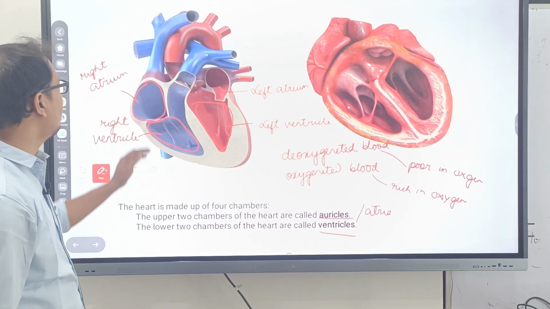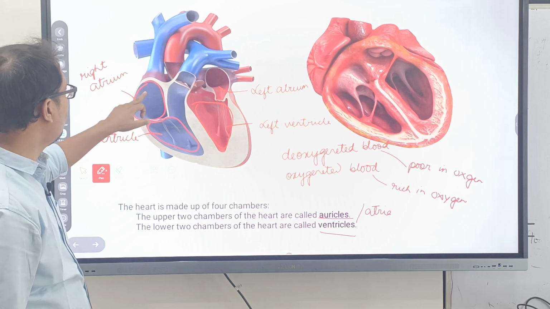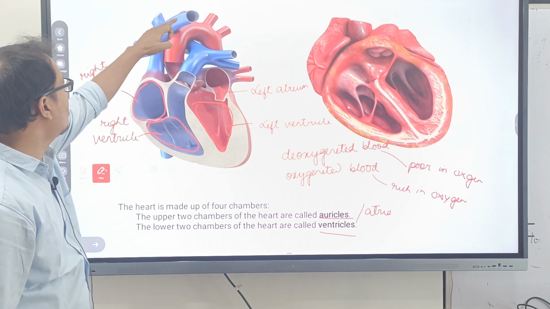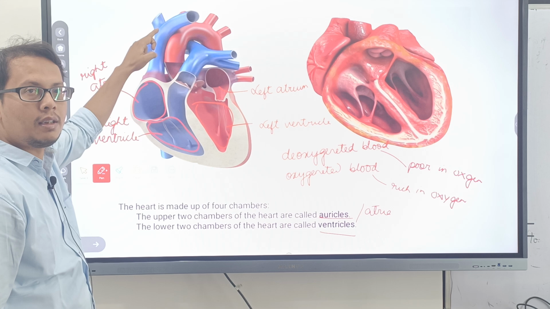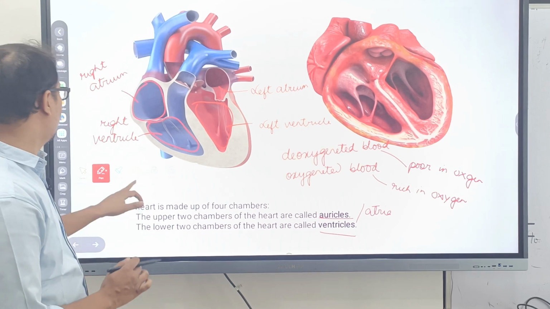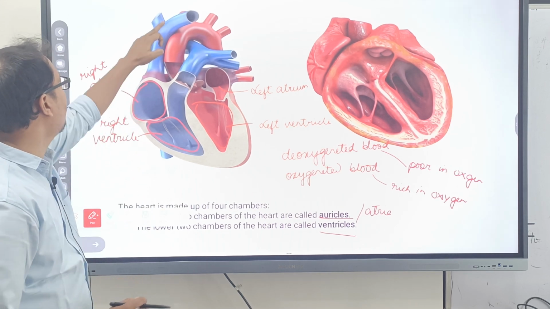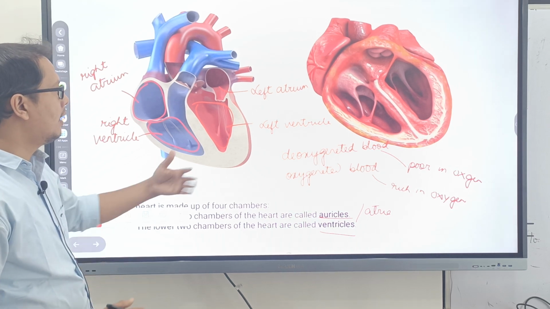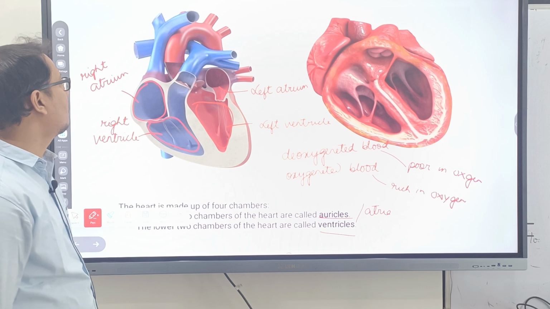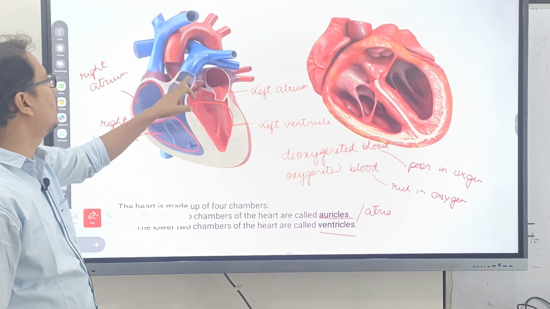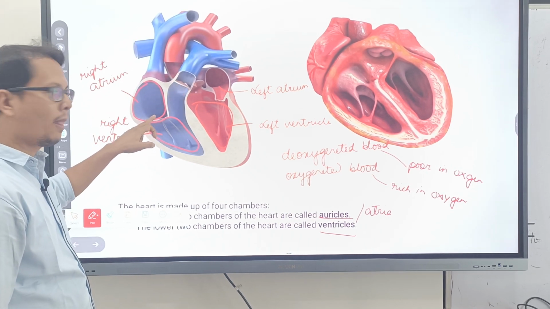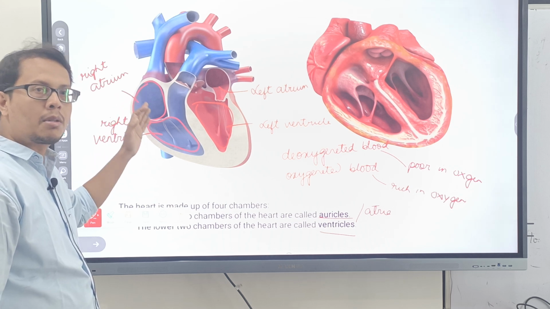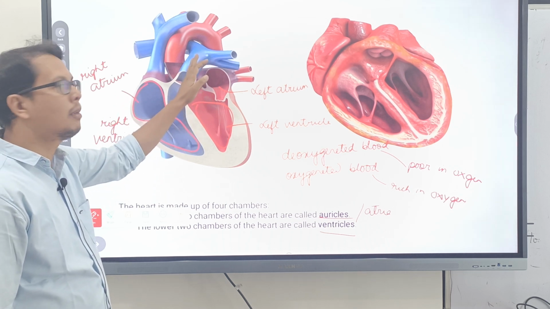So what happens? This region is known as the vena cava. So one is the superior vena cava and this is the inferior vena cava. So in next slide, I will show you the function of the superior vena cava, the aortic valve, the tricuspid valve, the mitral valve, the pulmonary artery.